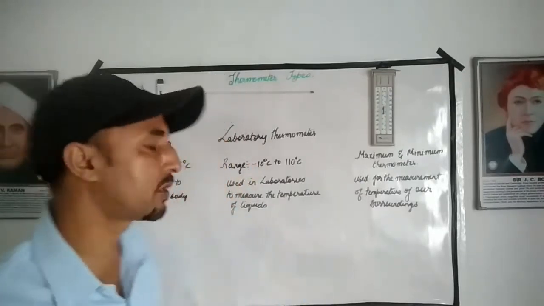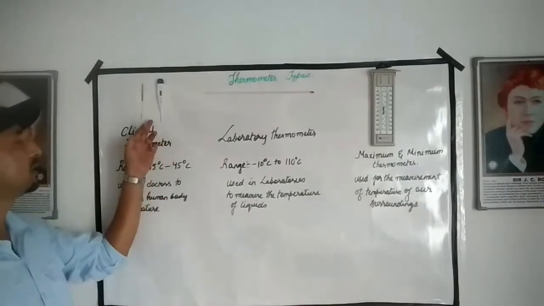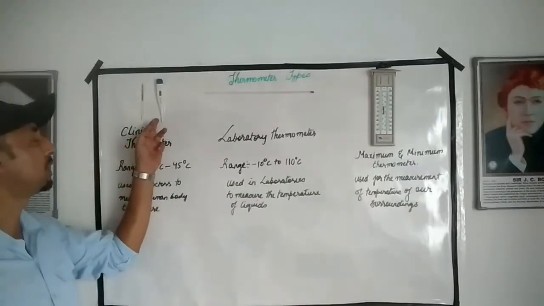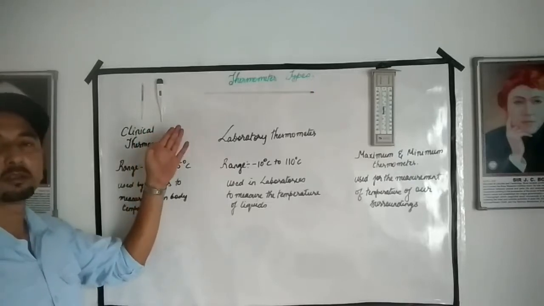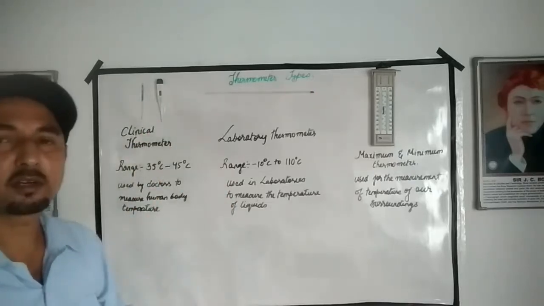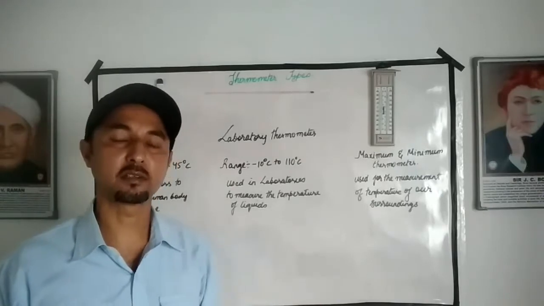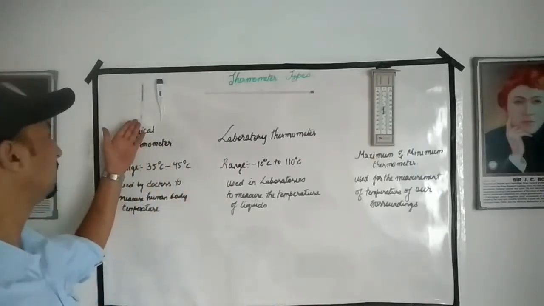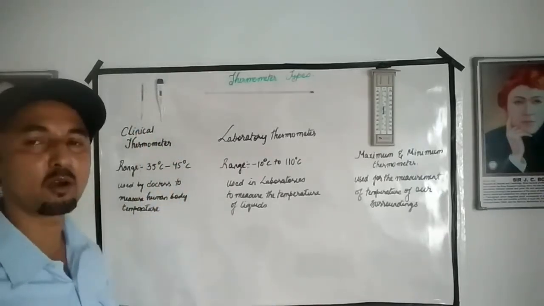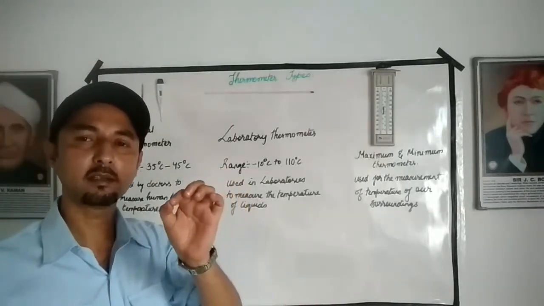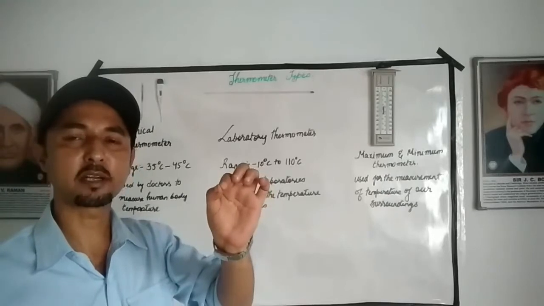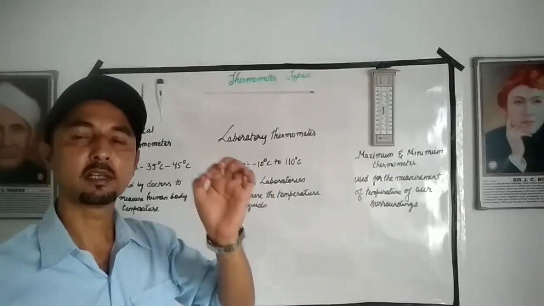These days we have digital thermometers. You can see a digital thermometer which measures the temperature and shows it in digits, whereas the other one on the left hand side is analog, where there are some markings and the mercury reaches the marking level to show the exact temperature.